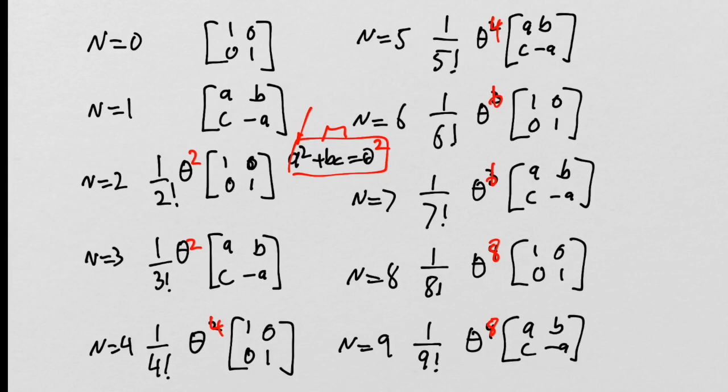Okay, so now for the 1-1 matrix element, let's add the odd terms. So we get alpha, theta squared alpha, theta to the fourth alpha, theta to the sixth alpha, and theta to the eighth alpha.